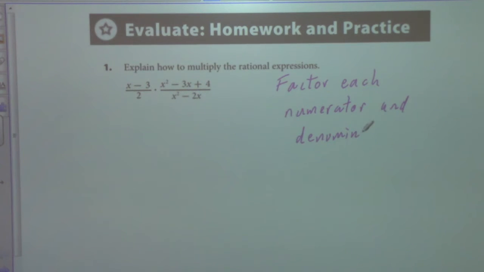So this is going to be what I'd call our first step. So we have x minus 3 over 2 times, and are these factorable over here? No. But can we factor these over here?